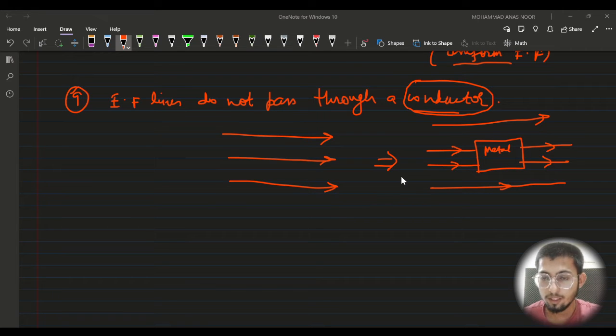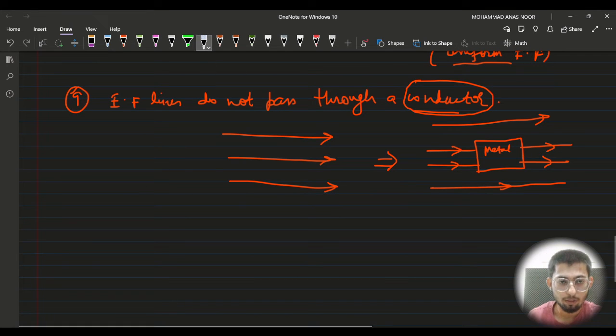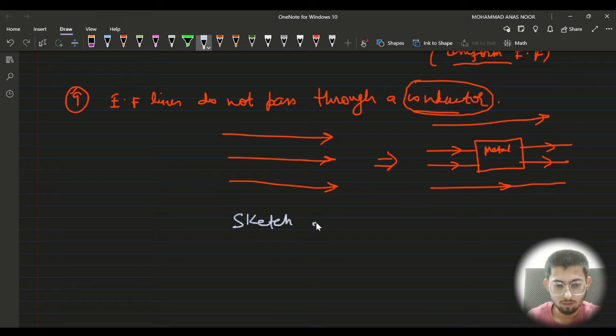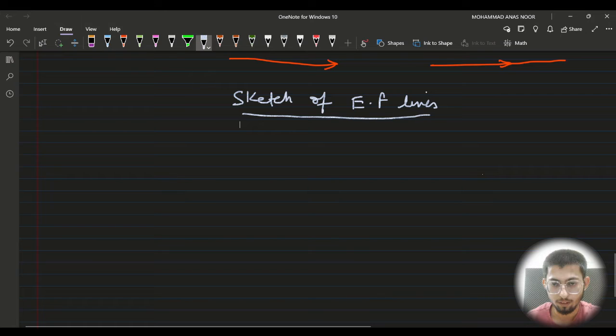Now we will sketch the electric field lines due to different types of charges. For the positive charge we already know what the case will be. Sketch of electric field lines for the positive charge. Very easy, right?